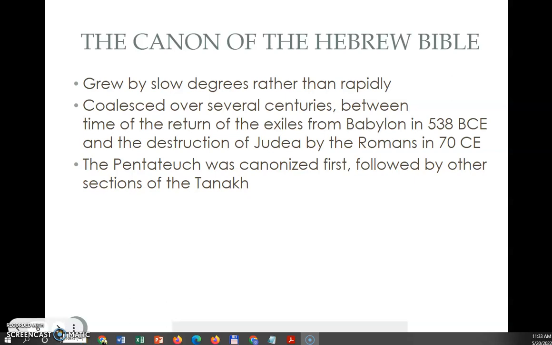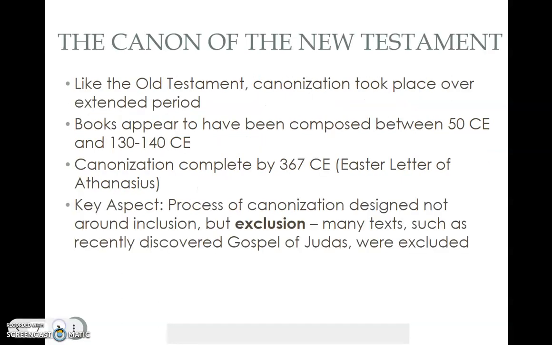And other parts of the Hebrew Bible then slowly, slowly is the key word here, began to be accepted, began to be assembled, gathered together, so that they also became eventually scripture. The same can be said for the canon of the New Testament. It took place over hundreds of years.